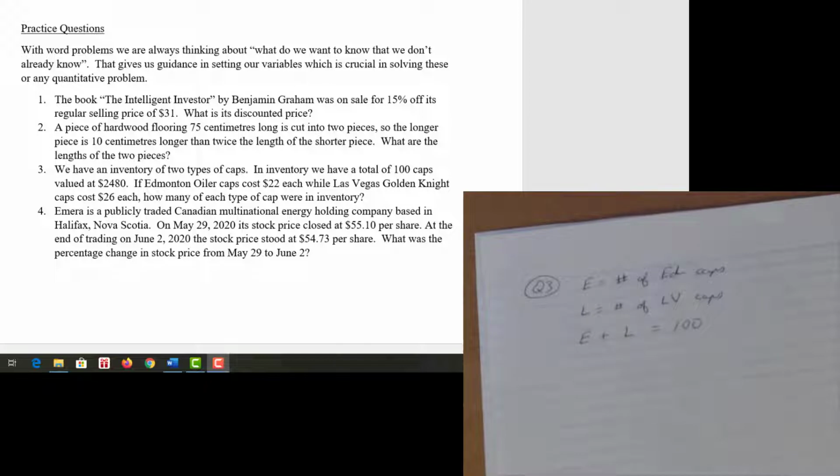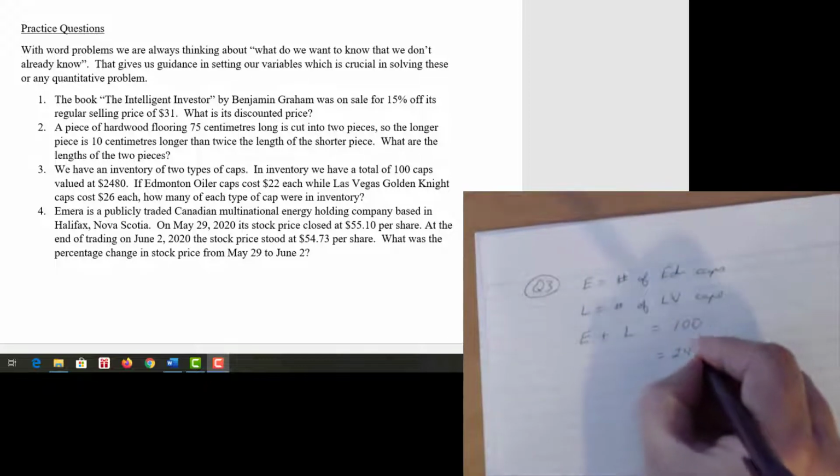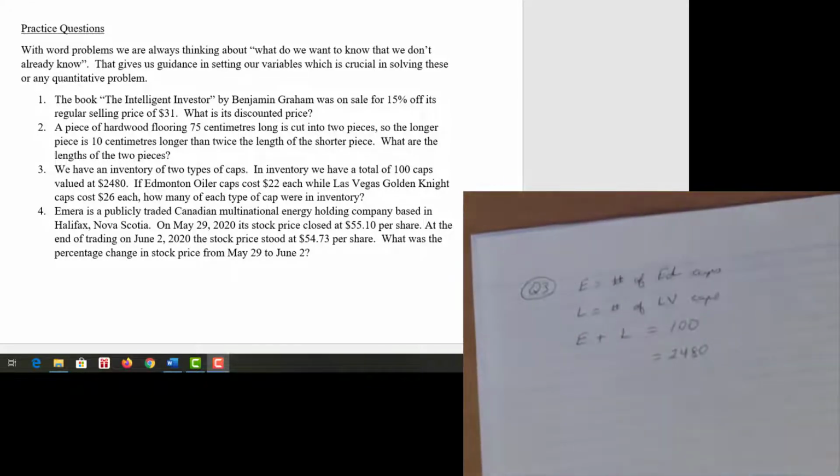The next thing is valued at $2,480. So I have $2,480 worth of caps. And it further tells me that the Edmonton caps cost $22 each, while the Las Vegas caps cost $26.